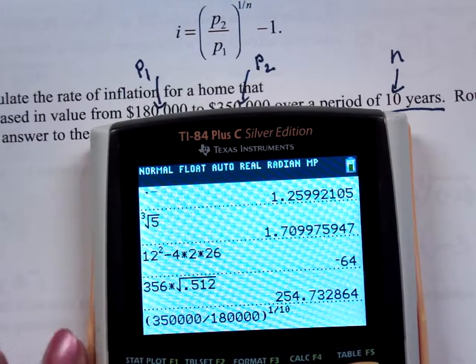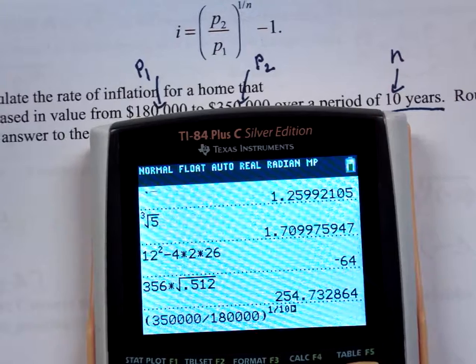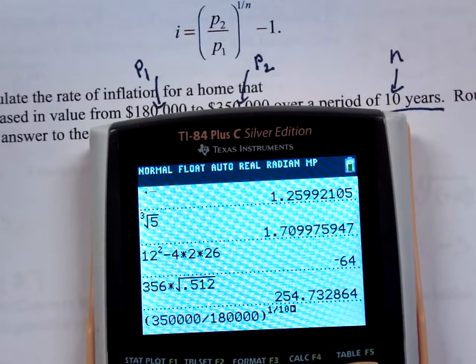That looks like that. Now, for those of you that don't have that kind of exponent capability, what you're going to have to do is 350,000 divided by 180,000 raised to the 1 divided by 10 power.